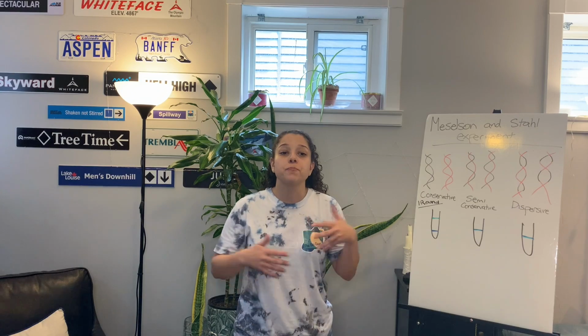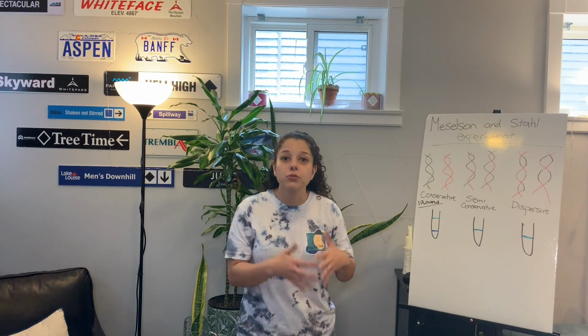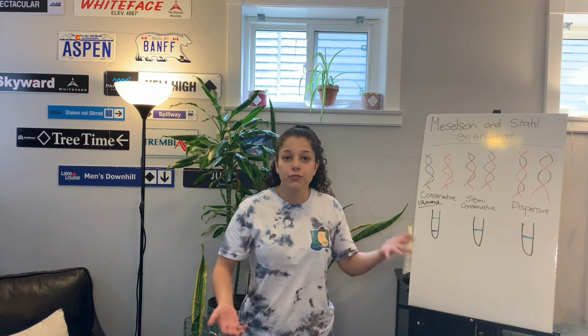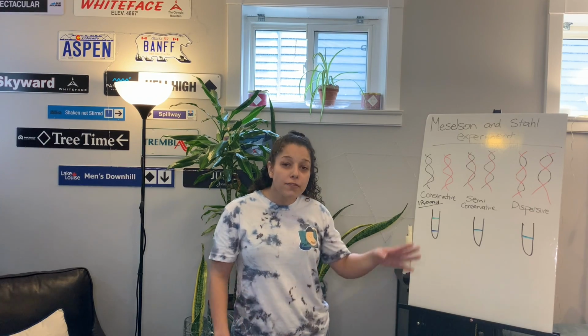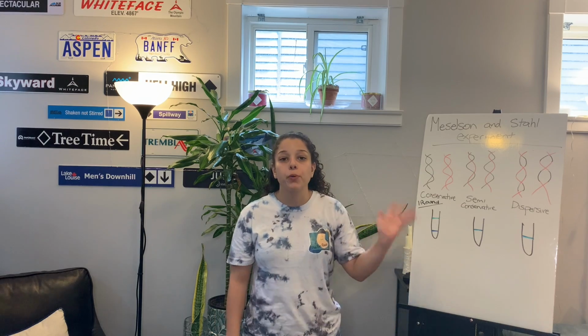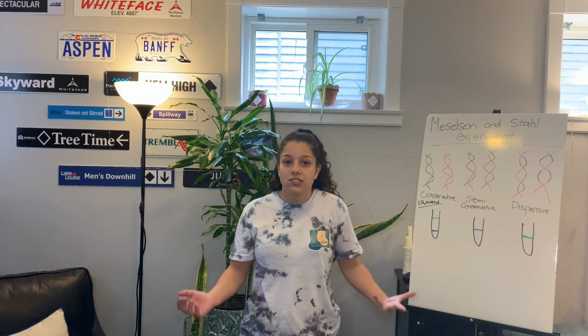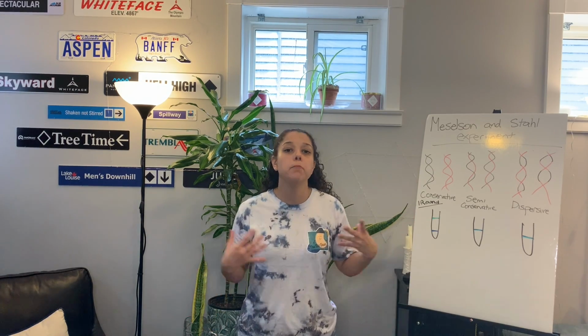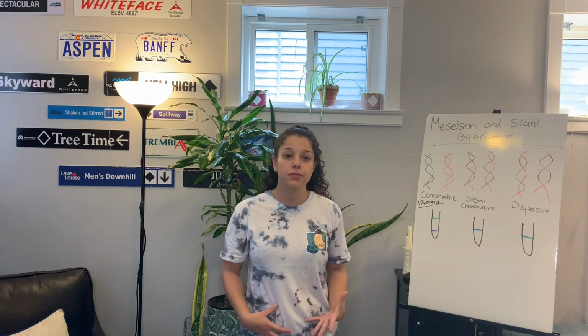And for dispersive replication, we would also expect to see the same thing as semi-conservative replication. Even though there is a mix of new and old DNA on both strands, because both strands contain old and new DNA, we're going to get a mix of light and heavy nitrogen.